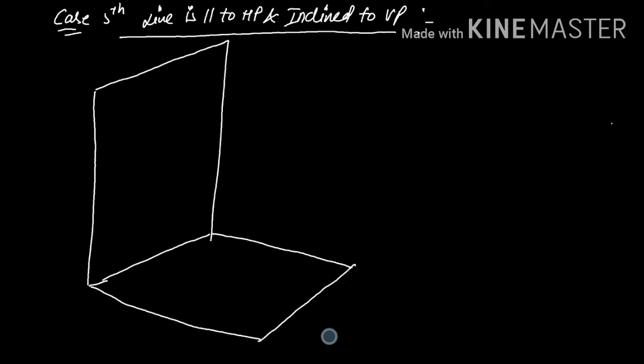Okay, now the line is parallel to HP and inclined to VP. So let's say this is the projection that we want to draw. So what I'm going to do, okay, let's say this is our line AB.